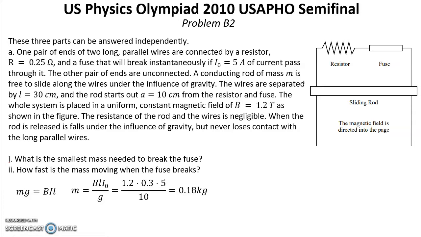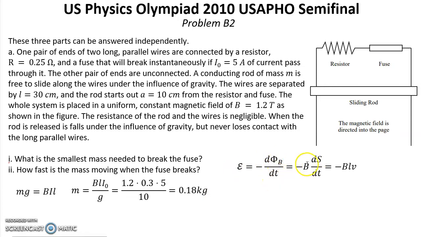Now let's count what is the speed. When this rod moving with some sort of speed, that will create EMF due to change of magnetic flux, and this EMF could be counted by this way. EMF equal change of magnetic flux through a certain time.